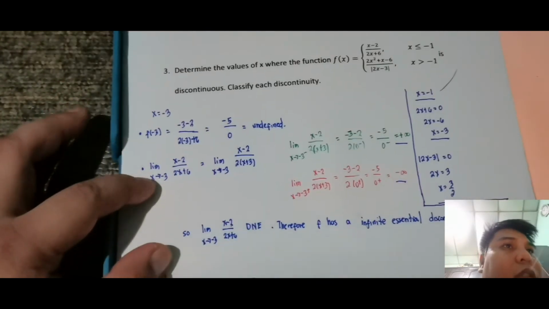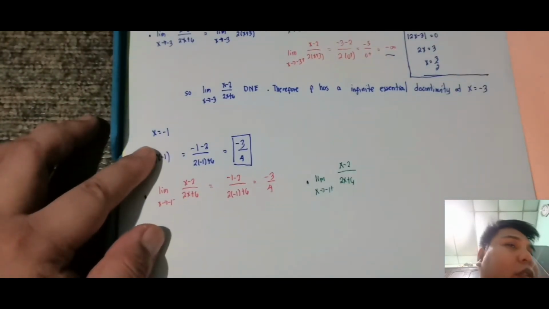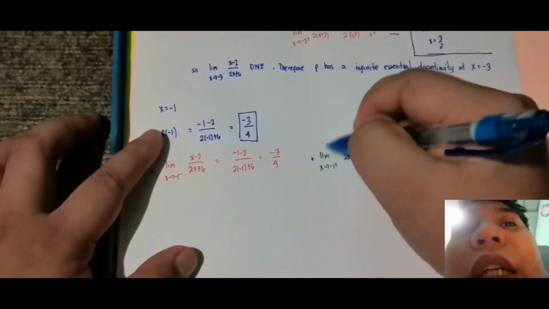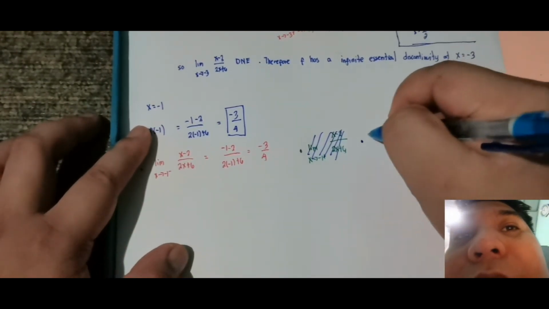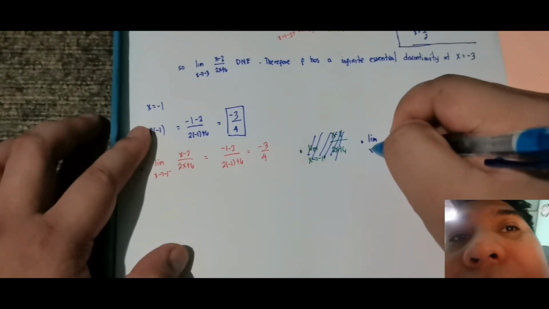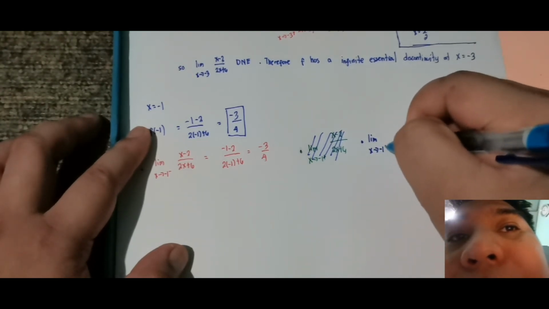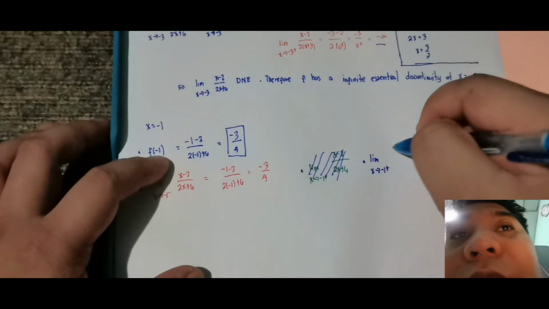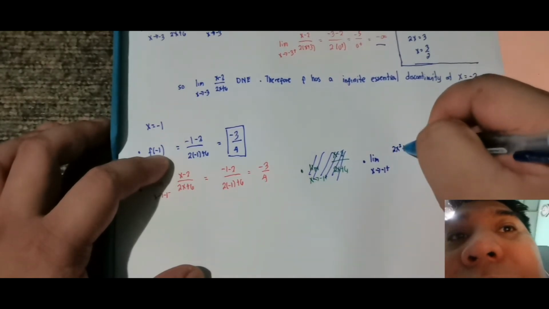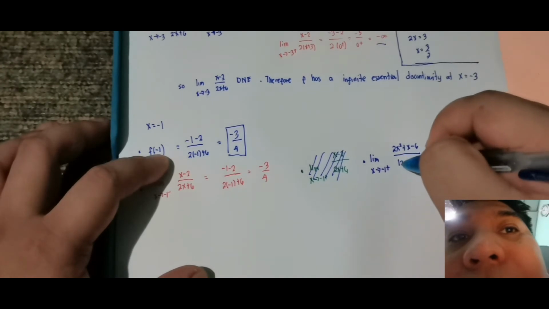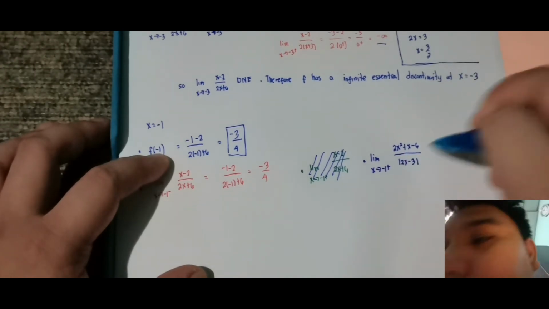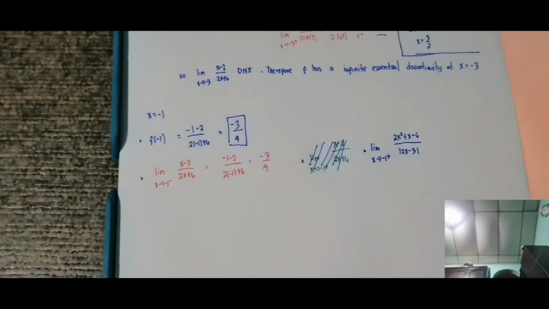So from the right kukunin ko yung isa, hindi ito yung kukunin natin. So from the right, so that is limit x approaches negative 1 from the right nung 2x squared plus x minus 6 over absolute value ng 2x minus 3. Okay, so ayun yung kukunin natin.